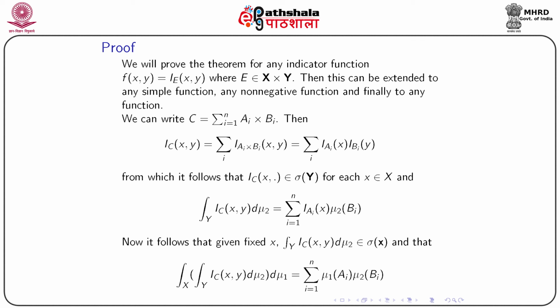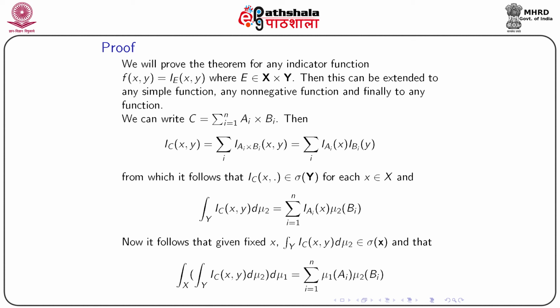We can write C, the whole space, as the sum over i from 1 to n of A_i cross B_i. Then I_C(x,y) is the indicator function of A_i cross B_i at (x,y). Now this will give value 1 or 0 depending on whether x and y belong to A_i cross B_i or not.